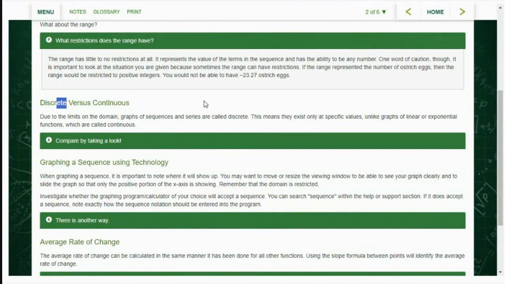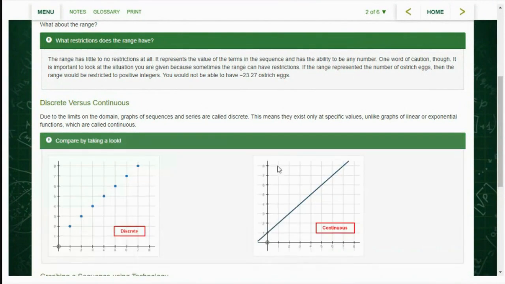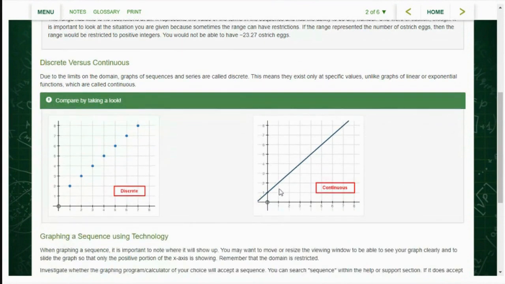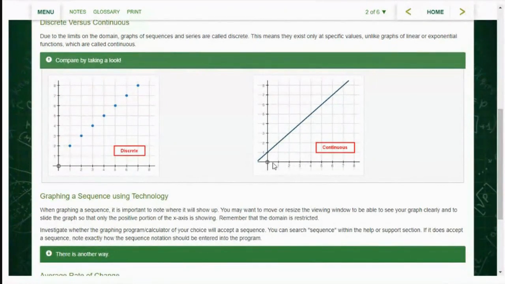That's called discrete. Let's take a look at the graphs of discrete versus continuous. With continuous, we would make a line and connect all of our points because we have a value at 2.5. At 2.5, it exists right there on the graph. It exists everywhere on the graph. But on a discrete graph, we'd only do the points because there is no 2.5. There is no 3.3 term.